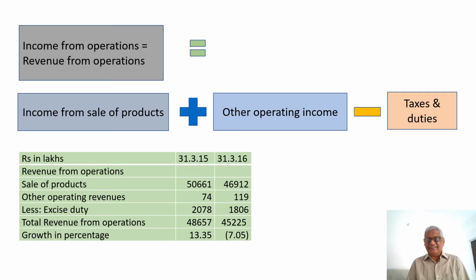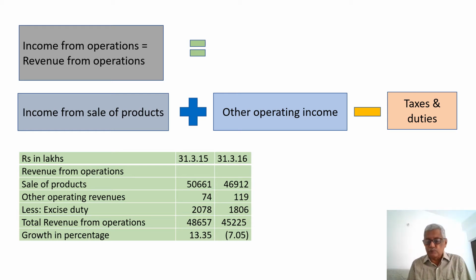Now, there is an item, other operating income. Any income which is related to the main income is called other operating income. That is, when the main income is generated, the other operating income is also generated. For example, let us think of a sugar industry. The sugar industry is set up to produce sugar. So for the sugar industry, income from sale of products is income from sale of sugar.